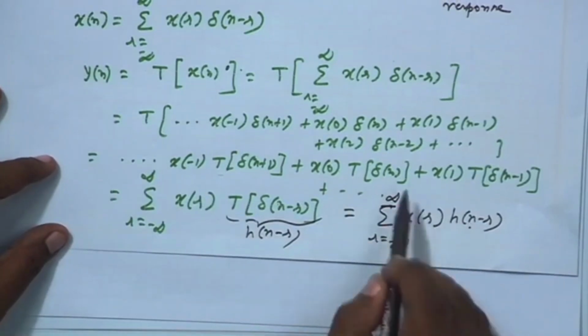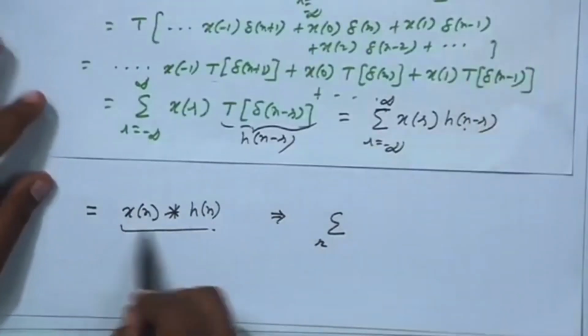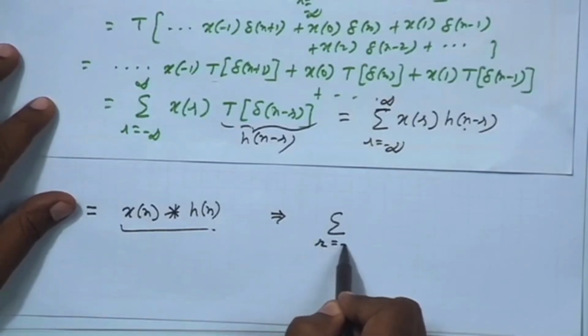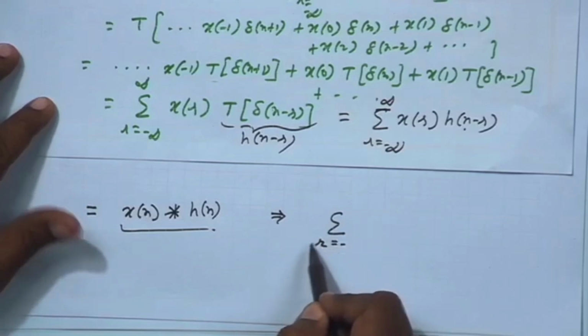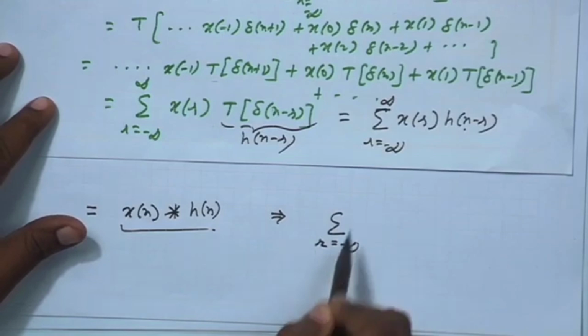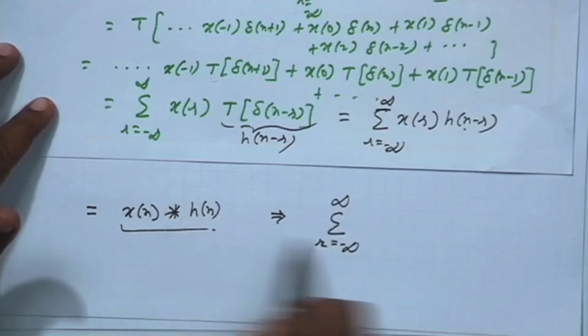Okay, r is variable. So, that is why when I am writing in this form, you do not bring n here; bring some local variable r or L or M or K or I or anything, and you should have the range from minus infinity to infinity. If you get this expression, what is the meaning?